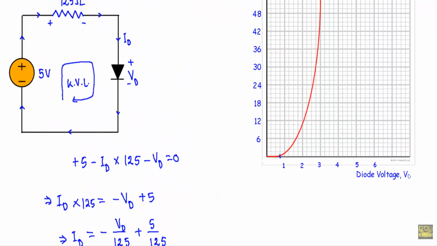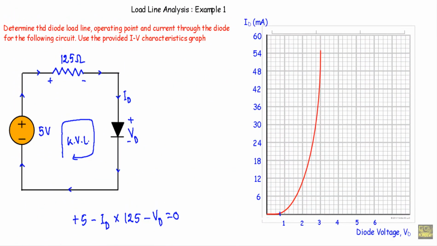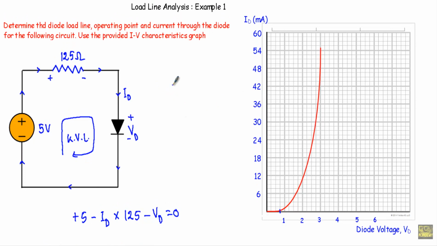So if I locate the x and y intercepts, x intercept is (5 volt, 0) and y intercept is (0, 40 milliampere). Our x intercept will be 5, that means at this point here it has the coordinate 5 volt, 0, and our y intercept will be 40, that means a point like this.